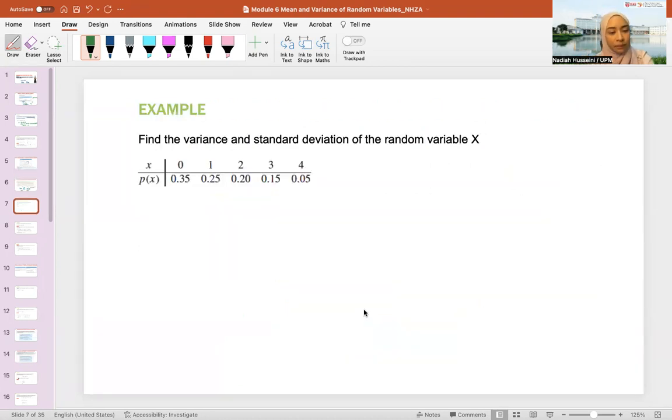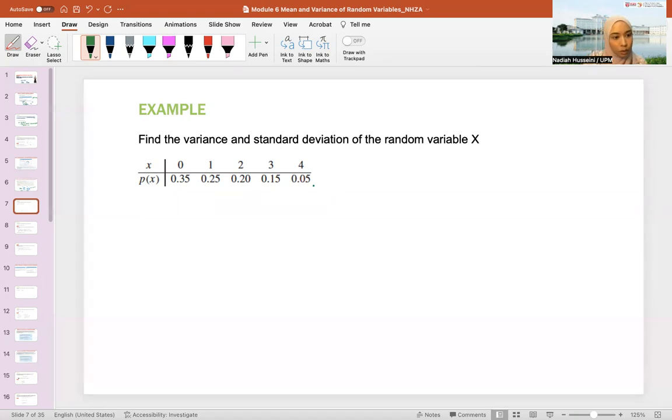Good answer. Okay, moving on to an example. Find the variance and standard deviation of the random variable X. We talked about the equation already, right? So this is our probability mass function. It is the same as the previous example. I'm just reusing it. So now we want to know what is the variance and standard deviation.